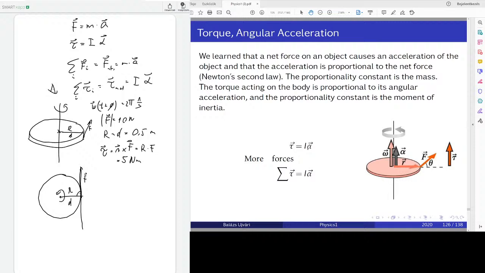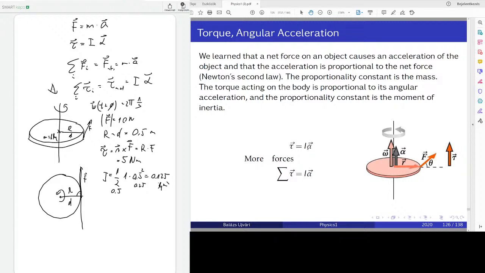If this body is 1 kilogram and we know the radius is 0.5, the moment of inertia for the cylinder is 1 over 2 times 1 times 0.5 squared. 0.5 squared is 0.25, so 0.125 kilogram meter squared.